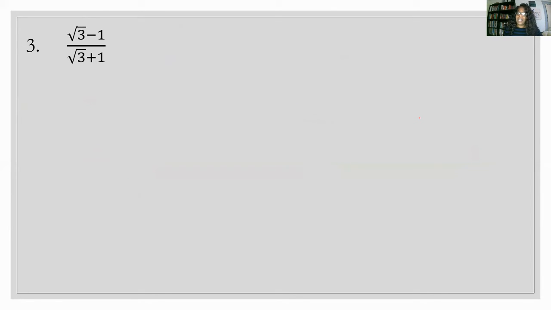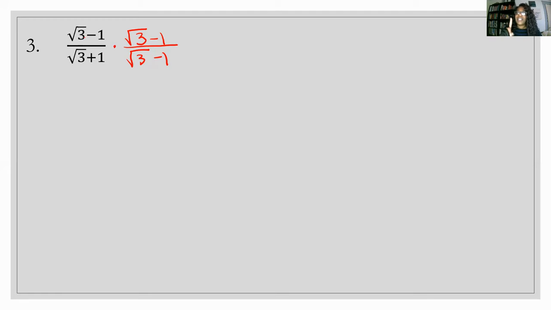Okay, so I'm losing light, as you can see. So we are going to multiply by what? The square root of 3 minus 1. Good. Square root of 3 minus 1. And then all we're doing is multiplying. So you're probably saying, oh, we could do the shortcut with the numerator.